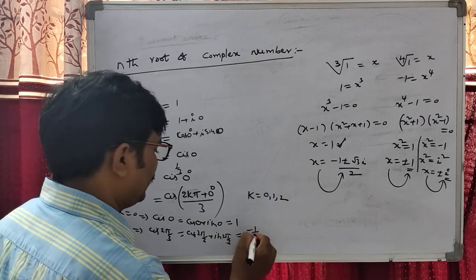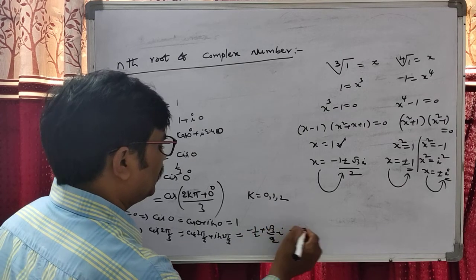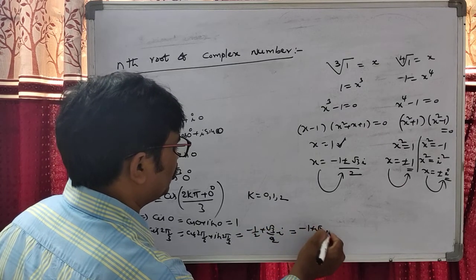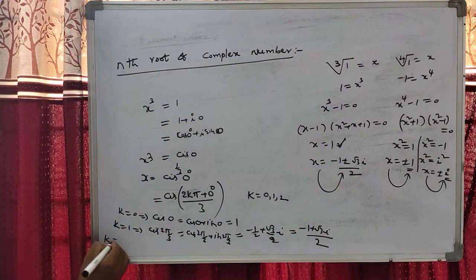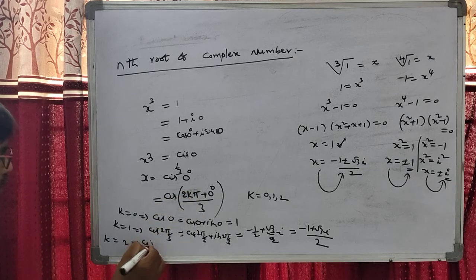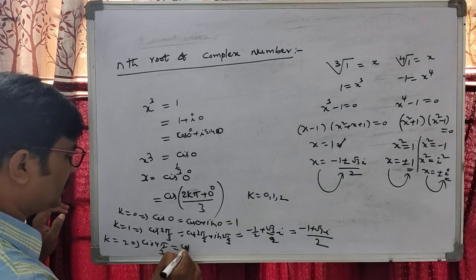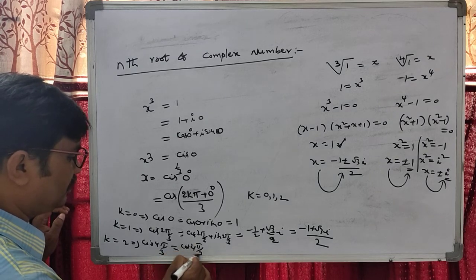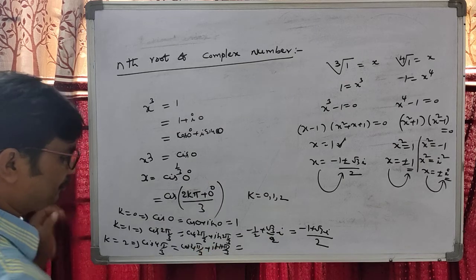Cos 120 is minus 1 by 2, sin 120 is root 3 by 2, so minus 1 plus root 3 i by 2 is one of the values. Suppose we take k equal to 2, 2 twos are 4, cis of 4 pi by 3, which is cos of 4 pi by 3 plus i sin 4 pi by 3.